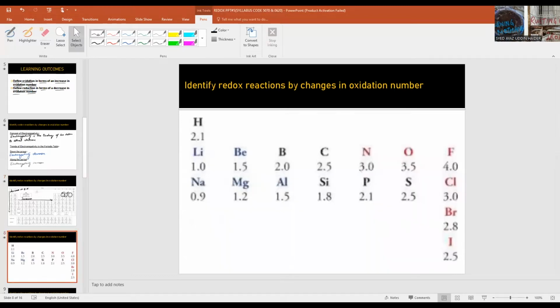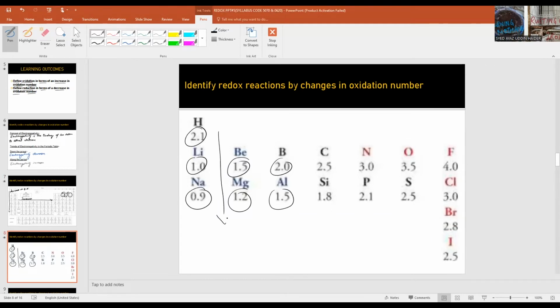Here are the electronegativity values for some elements. You can see hydrogen has 2.1, lithium 1, beryllium 1.5, boron 2, sodium 0.9, magnesium 1.2, aluminium 1.5. You can see the trend. Down the group it's decreasing, like 2.1, 1.9, and along the period it's increasing.